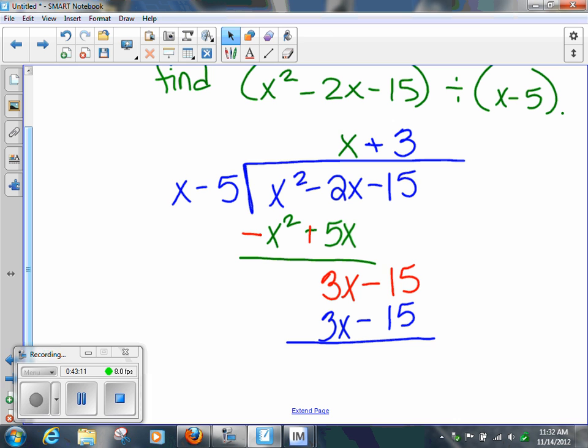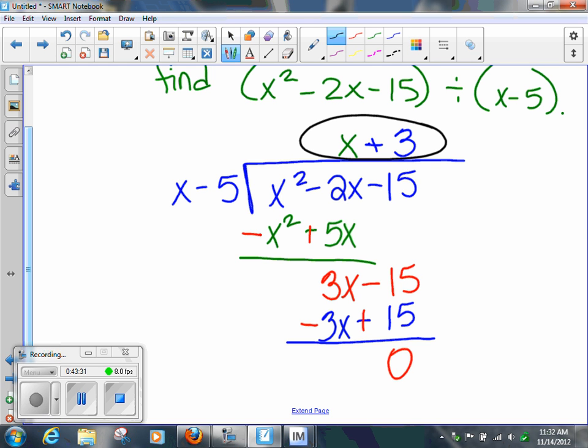What do we have to do now? Change our signs. Our remainder is 0. So what is the answer to our problem? X plus 3. That binomial, x plus 3.